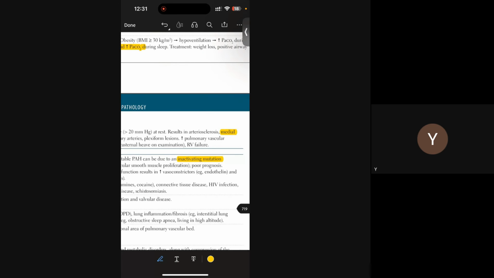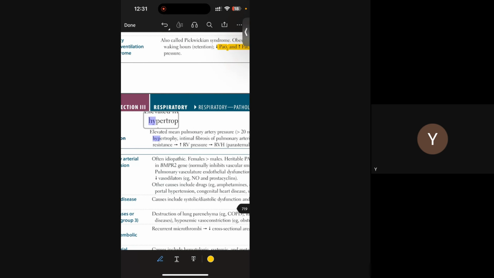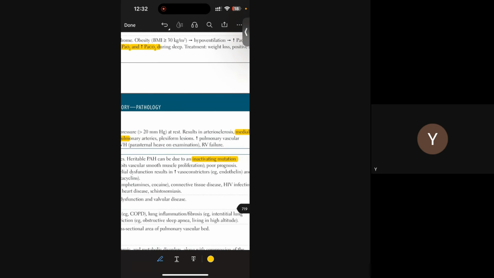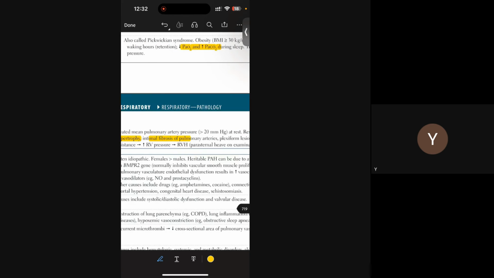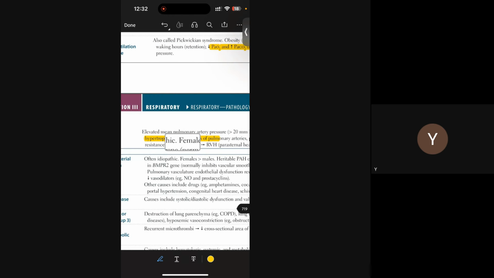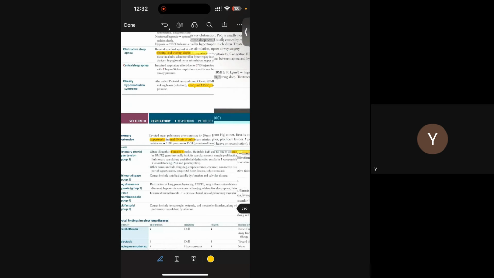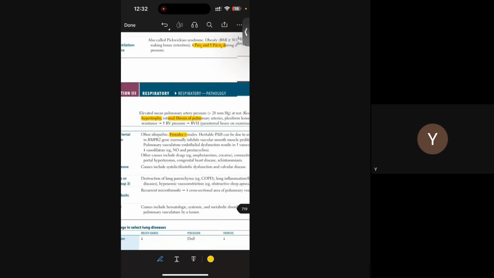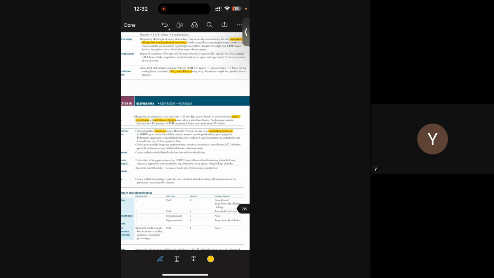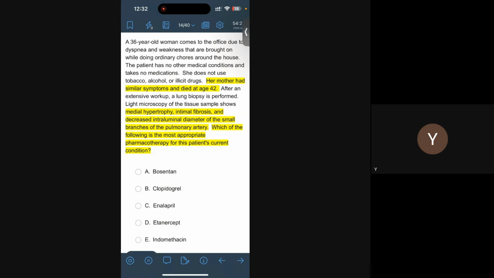Medial hypertrophy, intimal fibrosis, plexiform lesion, greater in females, increased vasoconstrictors and decreased endothelial vasodilators. So what is the diagnosis here?